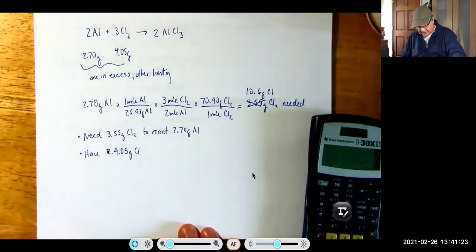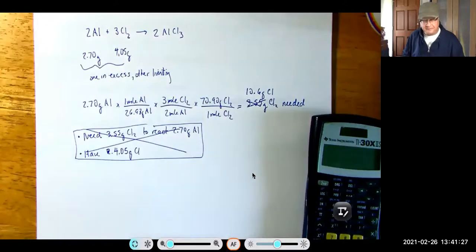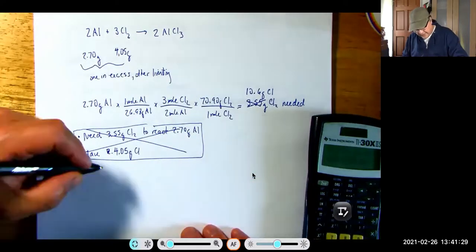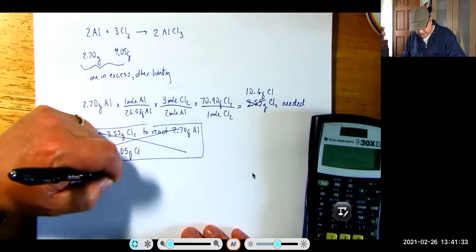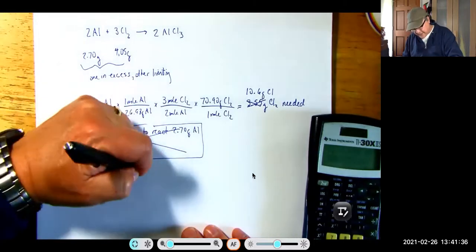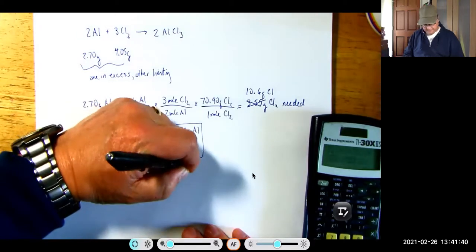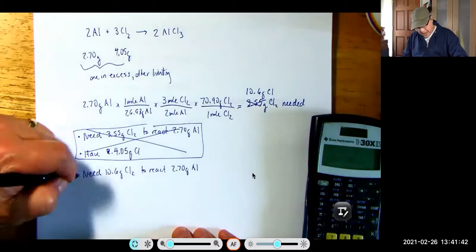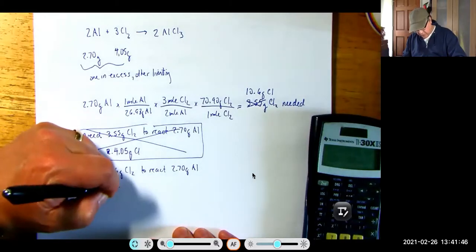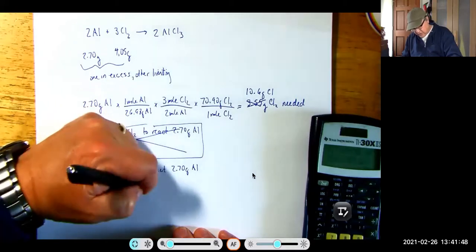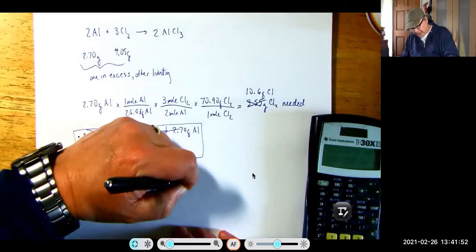So I'm going to take all this here and cross it all off because that was wrong. So we need 10.6 grams of chlorine to react 2.70 grams of aluminum. We have 4.05 of chlorine, so not all of the aluminum will react.